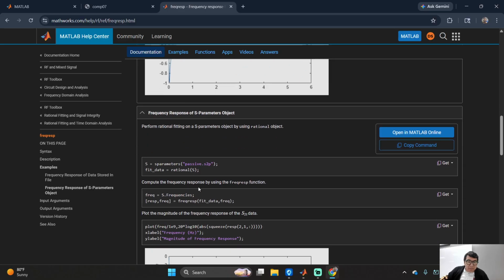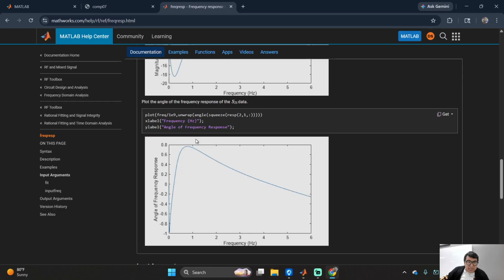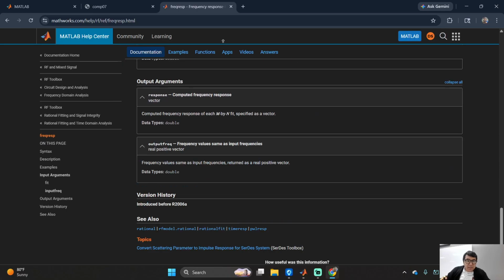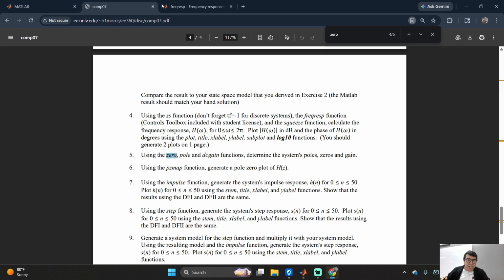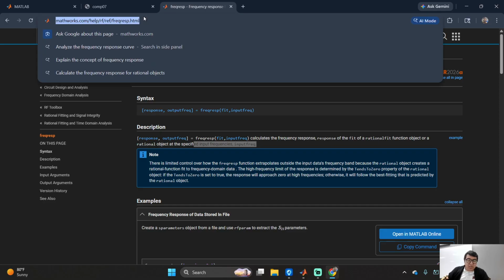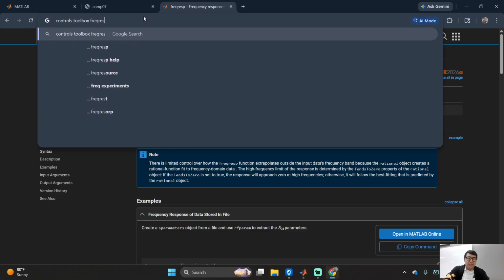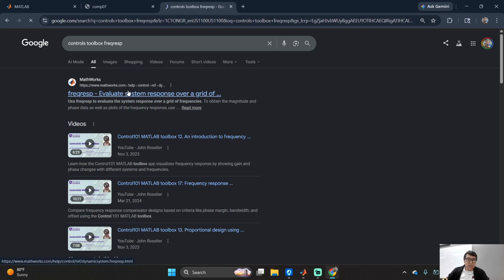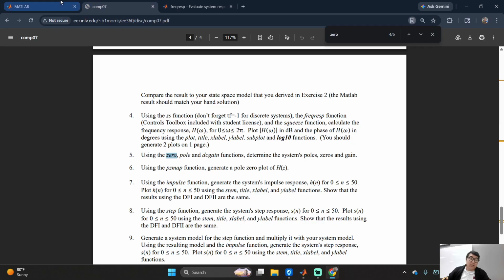It's not telling me what I want to do. Response, output frequency. Yes. I'm running over time, so you see, freqresp, control systems toolbox. There we go. System and w.